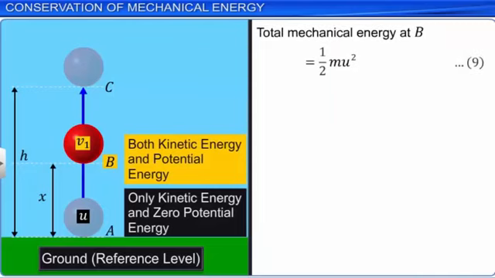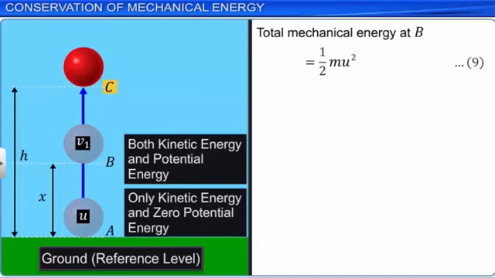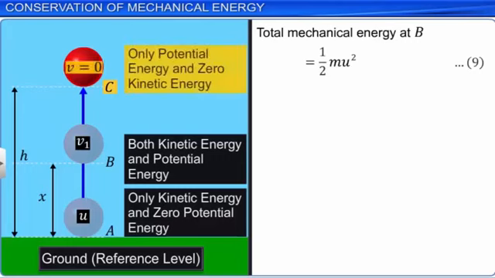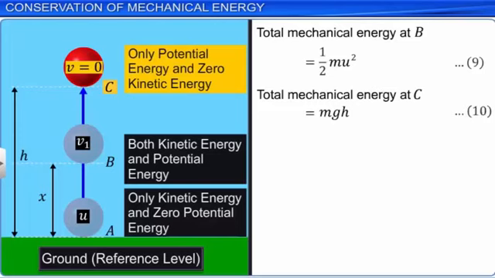When the body reaches point C, that is, the maximum height, it has only potential energy and 0 kinetic energy as the velocity at this point v is 0. Its total mechanical energy at C is denoted by mgh. Let this be equation 10. We learnt earlier that the maximum height h reached is denoted by the expression u square by 2g.